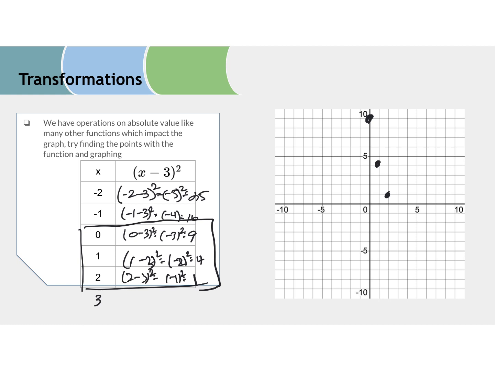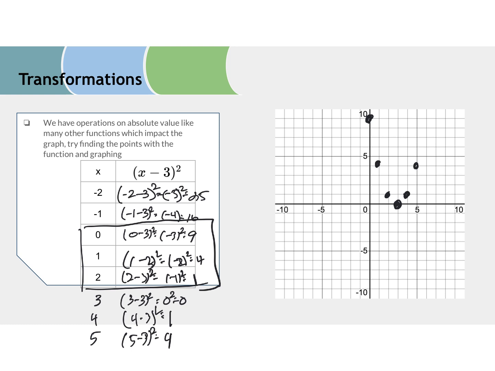So let's plug in 3, and let's see what happens. I get 0 squared, so I get 3, 0. And if I plug in 4, I get 4 minus 3, which would be 1. Oh, wait a minute. And if I plug in 5, I get 5 minus 3 squared, which is 4.